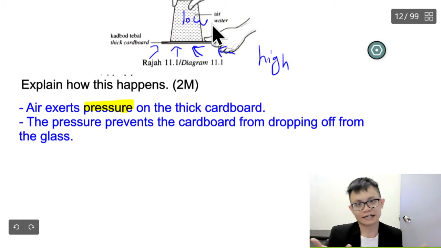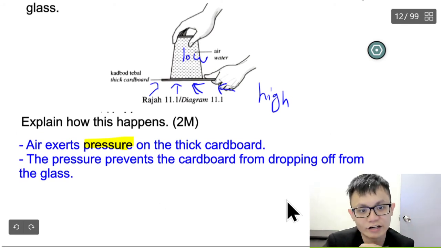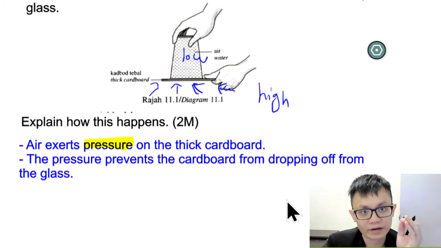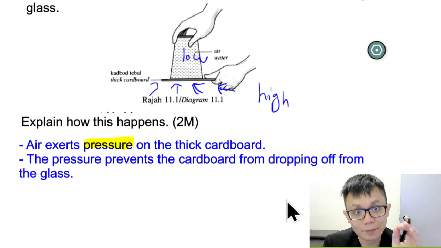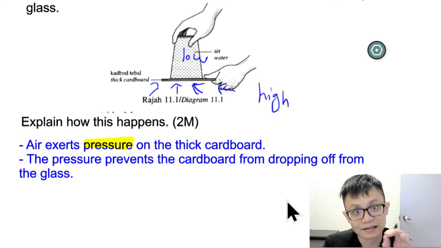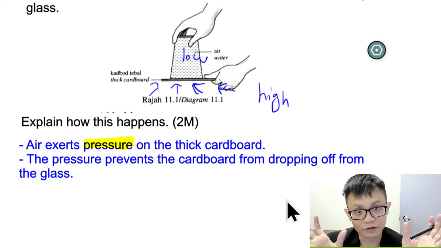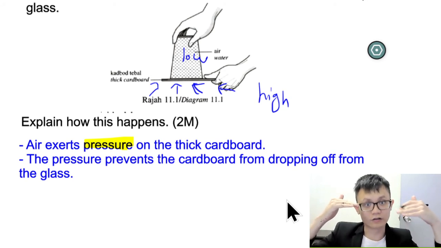So just explain. For me, maybe I can try to explain like this: the atmospheric pressure outside the cup, the air pressure, is higher than inside the cup. So the air pressure from the outside of the cup will push the cardboard, so the cardboard remains on the cup.